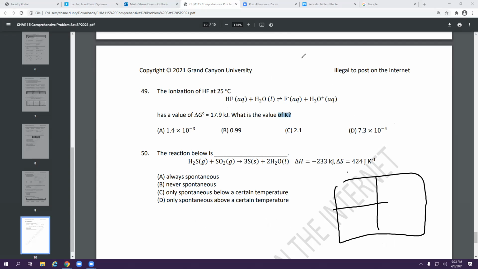So we have delta H is negative, delta H is positive, delta S is positive, delta S is negative. A good way of memorizing this is that the first box will be what you want delta H and delta S to be. You always want delta H to be negative. You always want exothermic reactions because those are good reactions. You always want a positive delta S because you always want randomness, right? So if you get what you want, are you happy? Yes, delta G will always be negative.